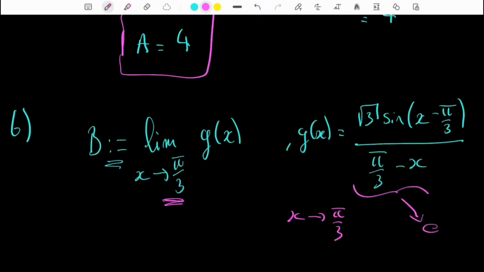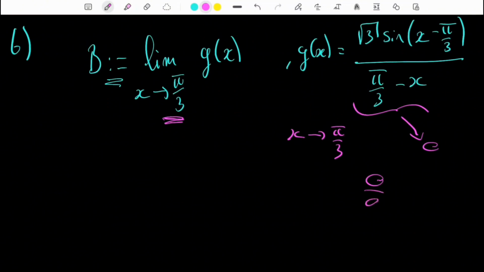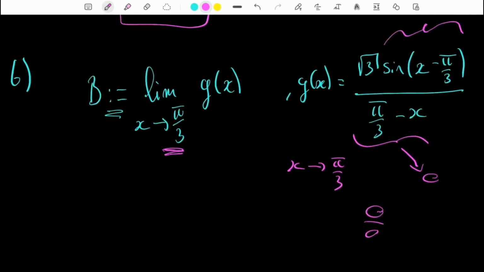So we have a problem, because on the other side, this tends to sinus of 0 is equal to 0. So we have something like 0 over 0. This is undefined, but we can still solve this.